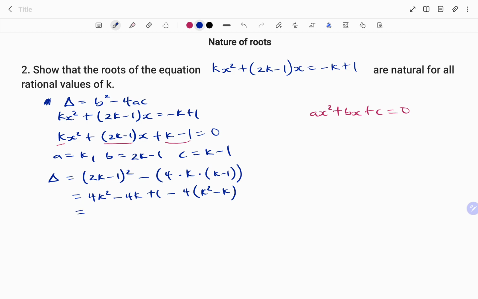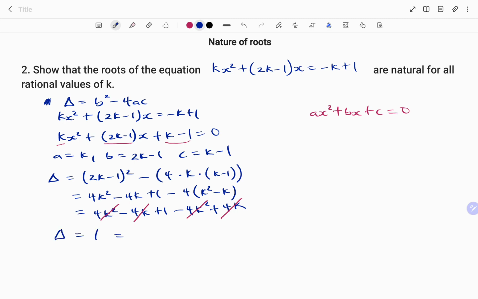Simplifying, I have 4k squared minus 4k plus 1 minus 4k squared plus 4k. Collecting like terms, 4k squared cancels out, minus 4k plus 4k goes off. I'm left with delta equals 1.